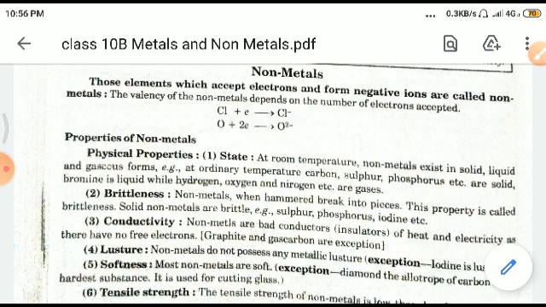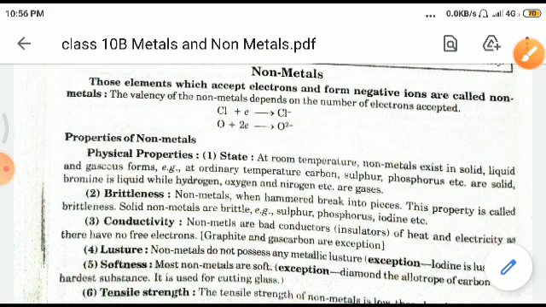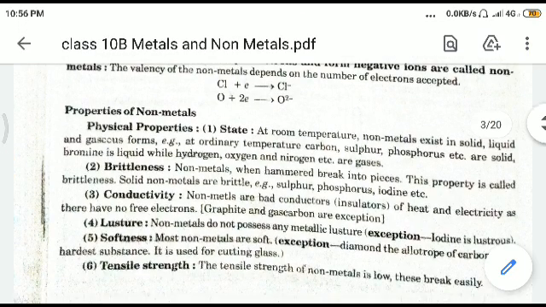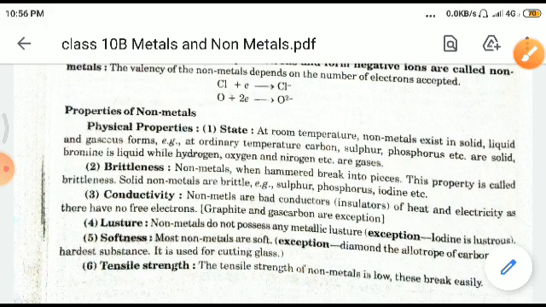Now, brittleness. What is brittleness? It is the property when non-metals, when hammered, break into pieces. This property is called brittleness. Metals, in contrast, were malleable and ductile. Conductivity: non-metals are bad conductors of heat and electricity. Metals were good conductors and non-metals are bad conductors.